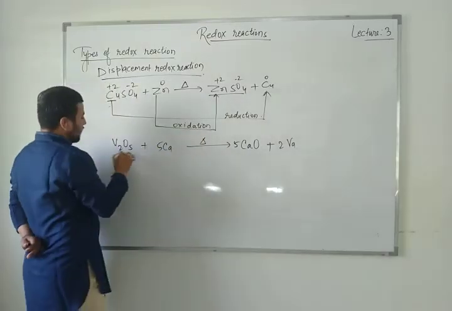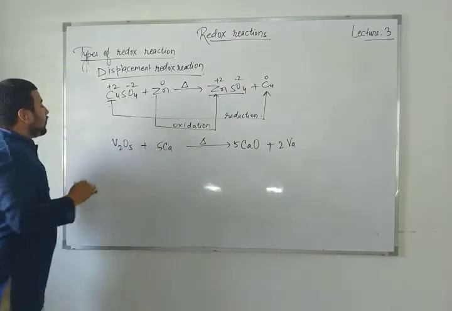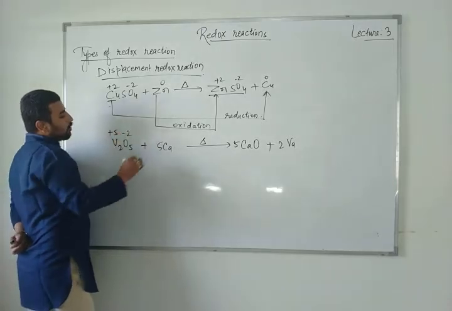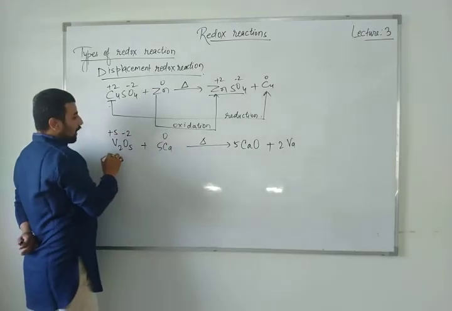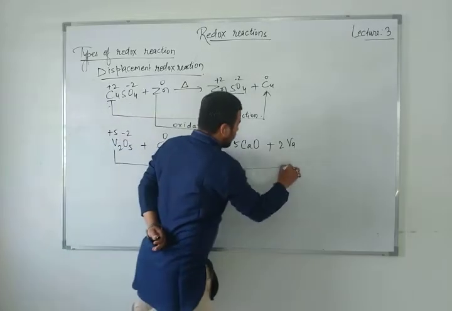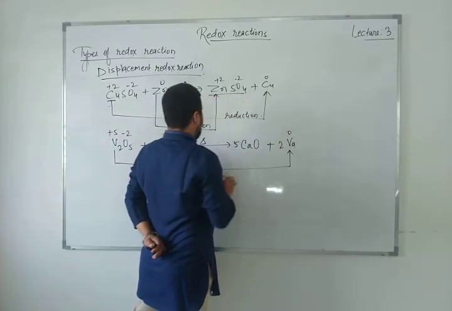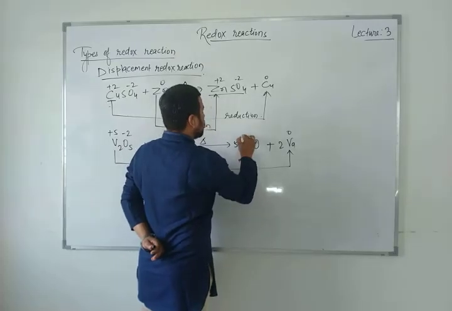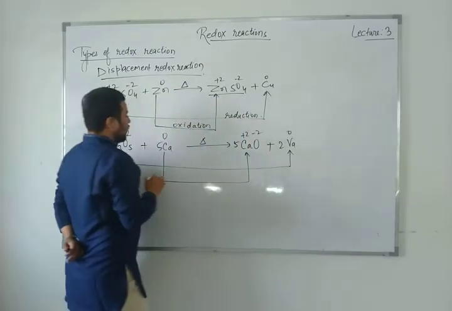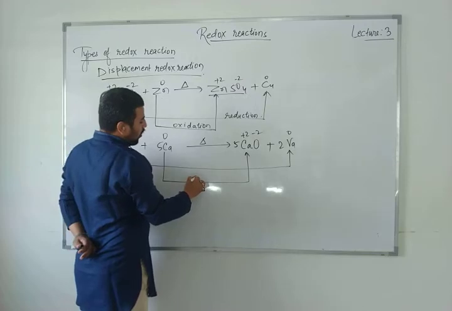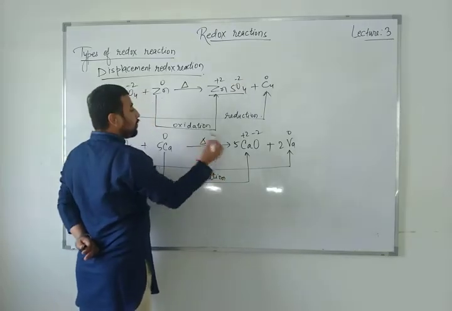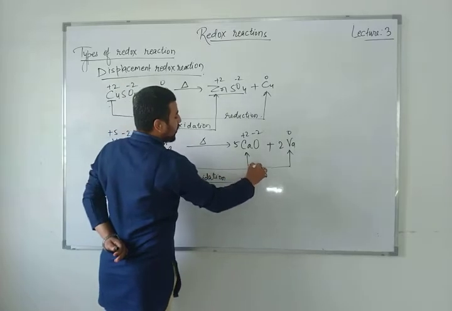So here you can see that vanadium exists in the +5 oxidation state, oxygen -2, calcium 0. So here from +5 to 0, and here from 0 to +2. Right? So 0 to +2 is oxidation, and +5 to 0 is reduction.